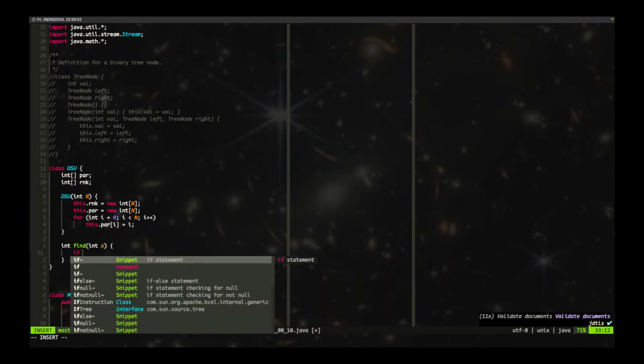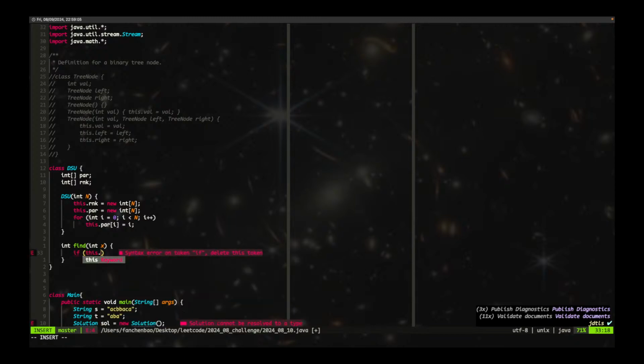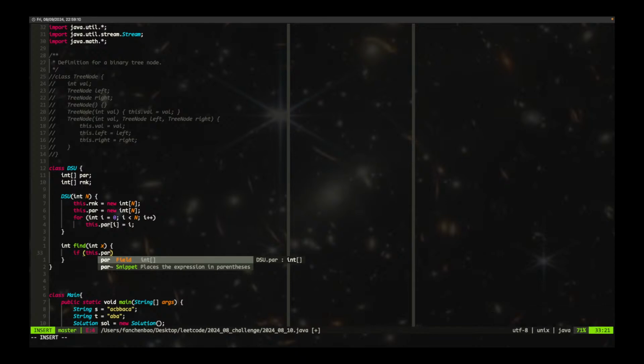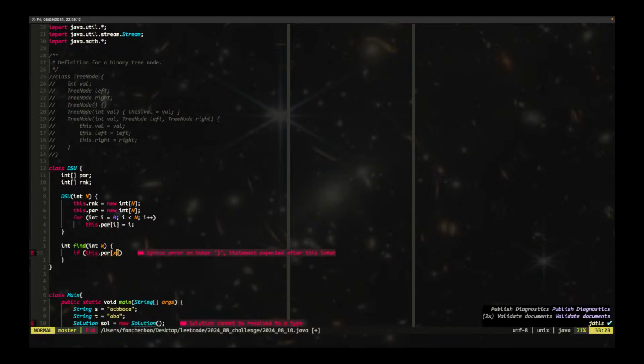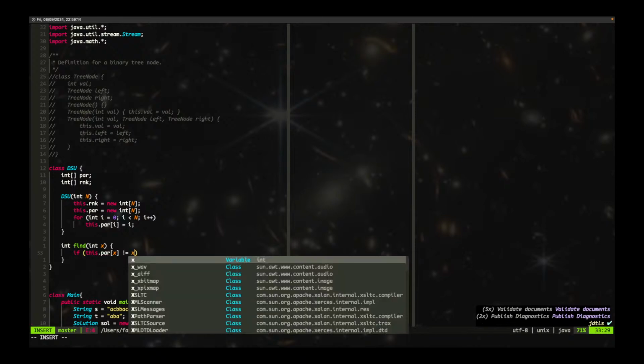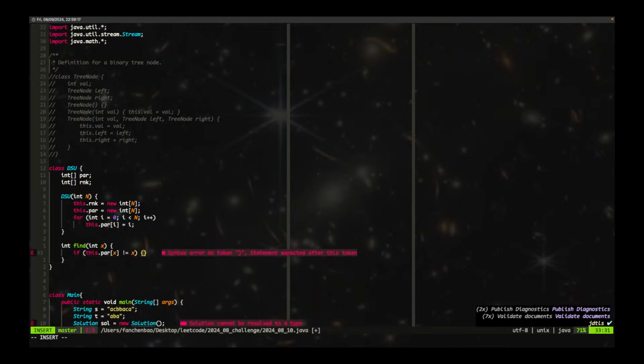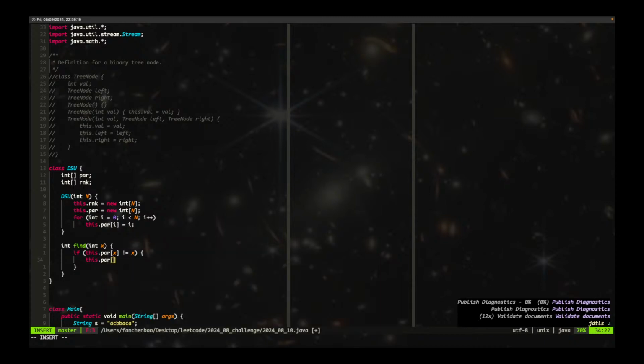Now, if this.parent[x] is not equal to x, this.parent[x] shall equal this.find(this.parent[x]), and then we'll return parent[x].